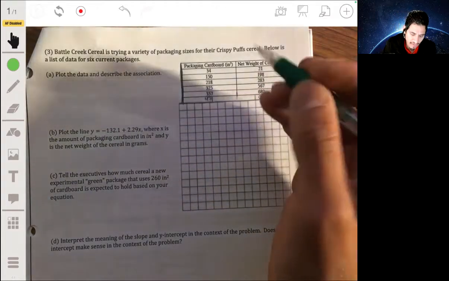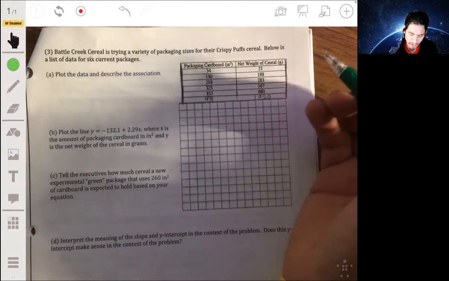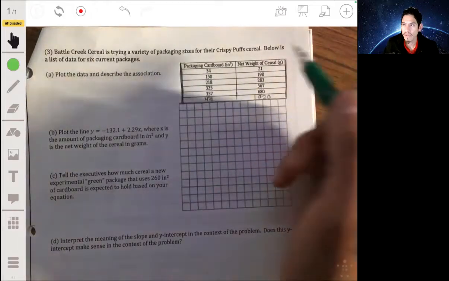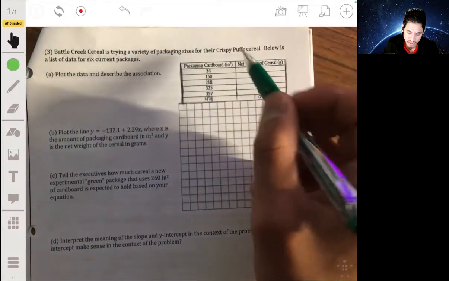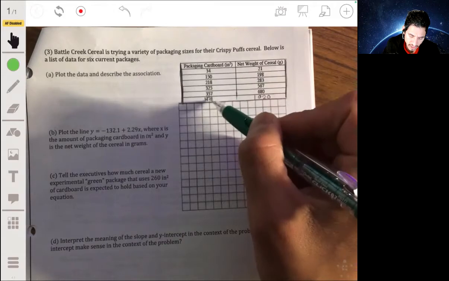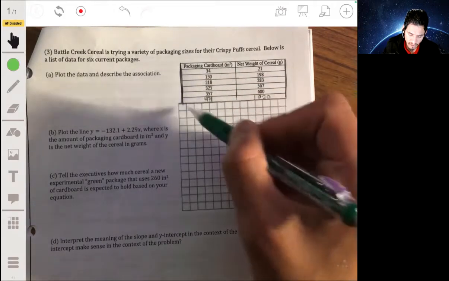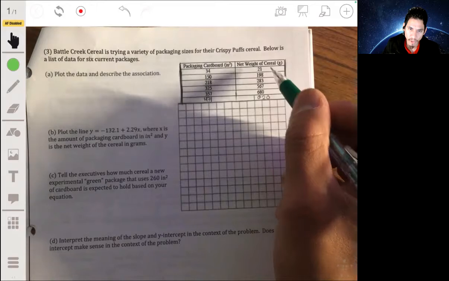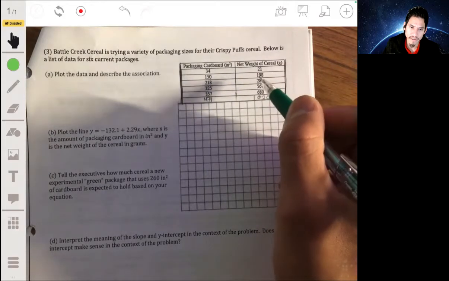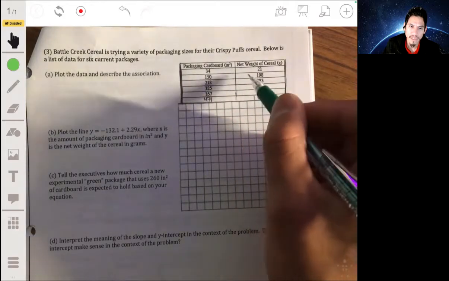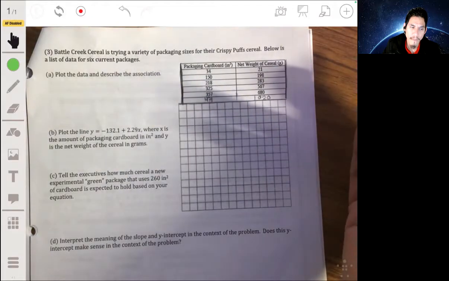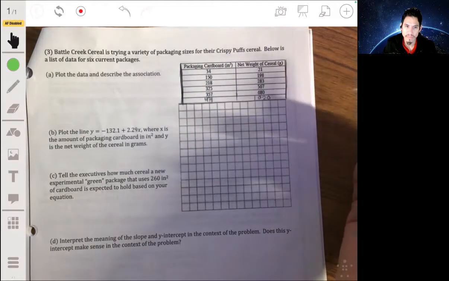They're gonna have different sizes, because they're gonna have bigger boxes of cereal for family size, or just those weekend college kids or whatever. So different sizes. The bigger the box, the more weight that the box can hold, the bigger the cereal. So here's our data. We're going to plot this and describe it.